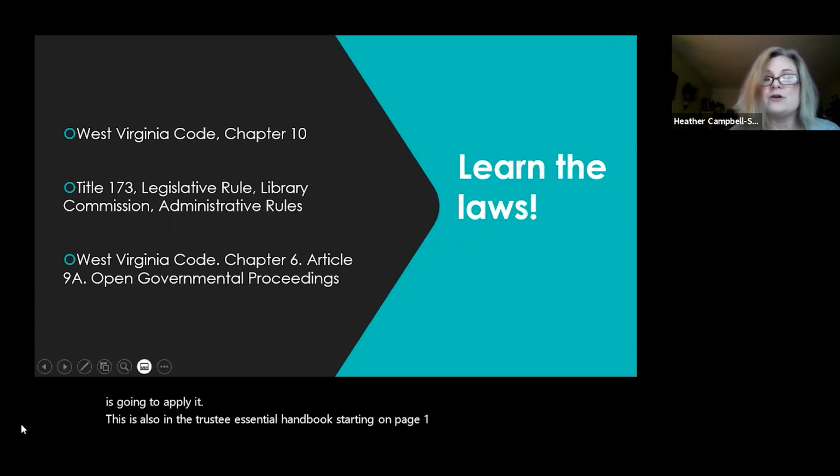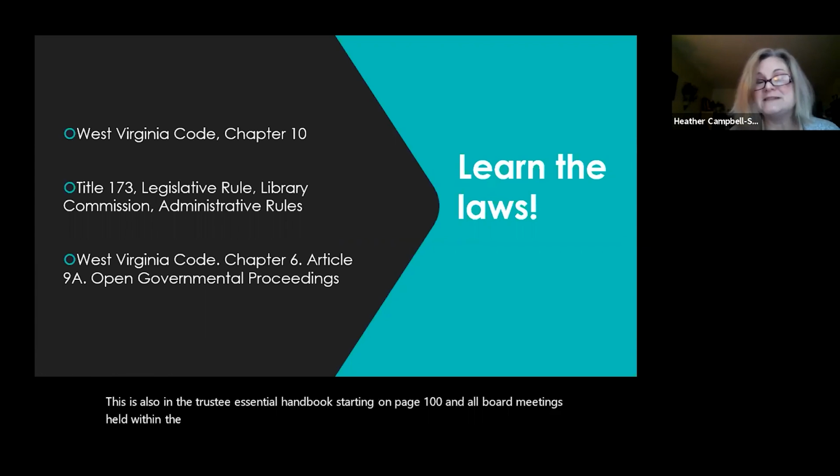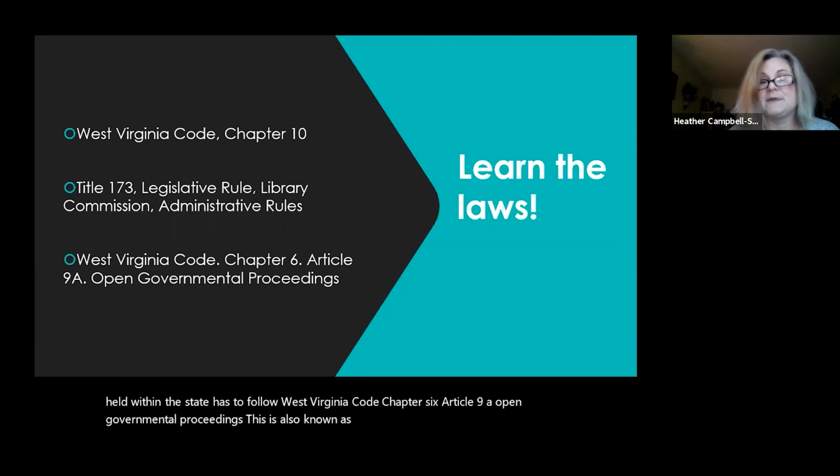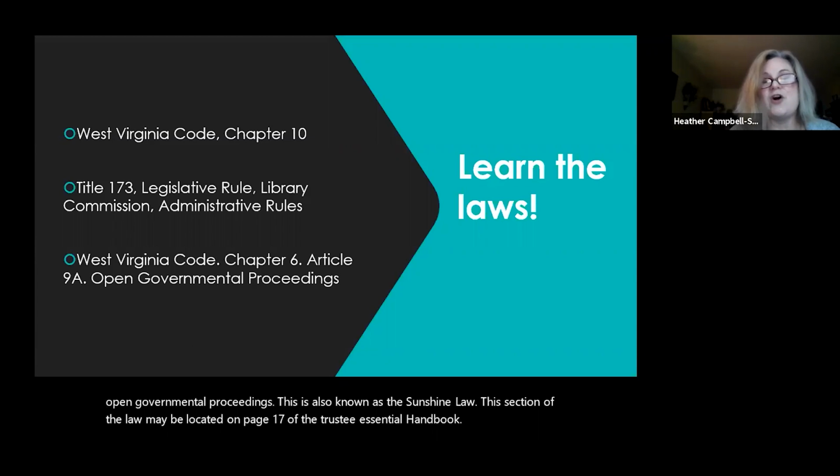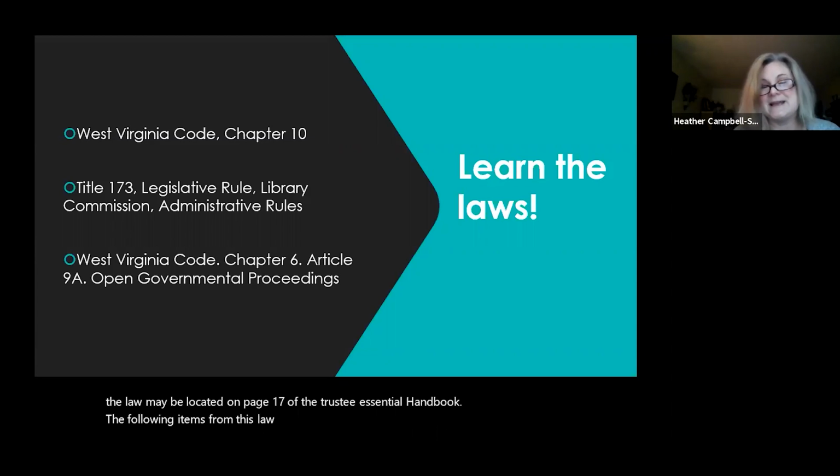And all board meetings held within the state have to follow West Virginia Code, Chapter 6, Article 9A, Open Governmental Proceedings. This is also known as the Sunshine Law. This section of the law may be located on page 17 of the Trustee Essential Handbook. The following items from this law are generally the biggest sticking point for some boards.